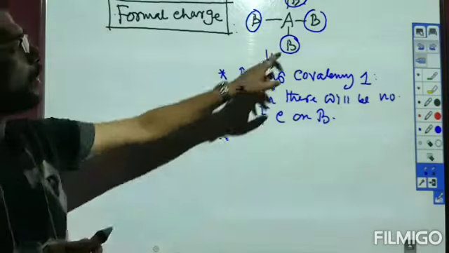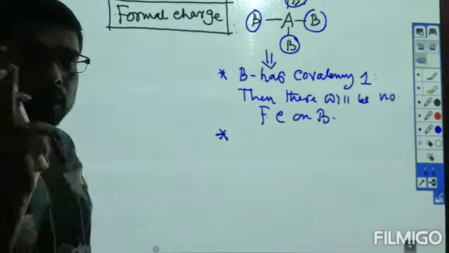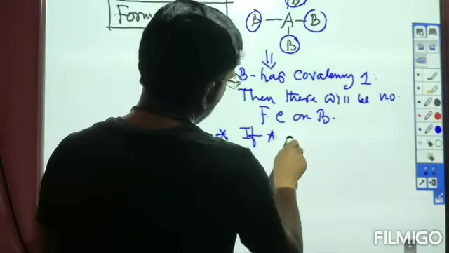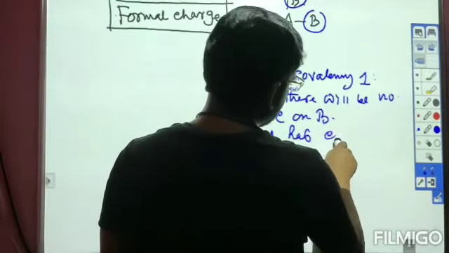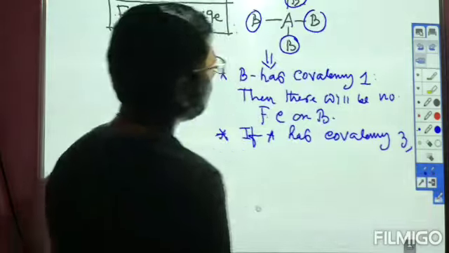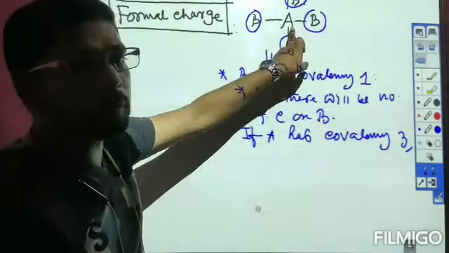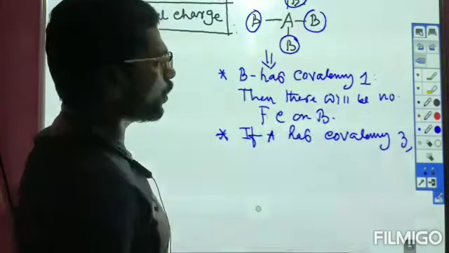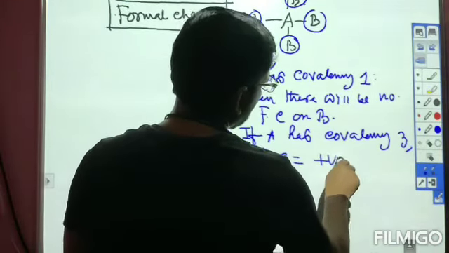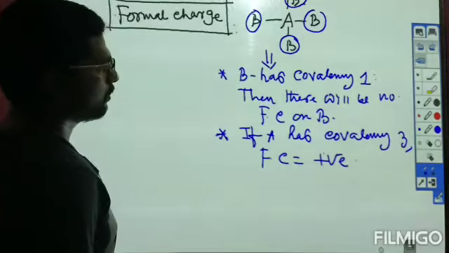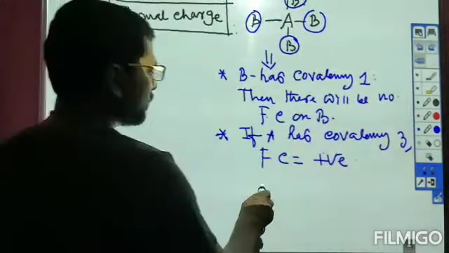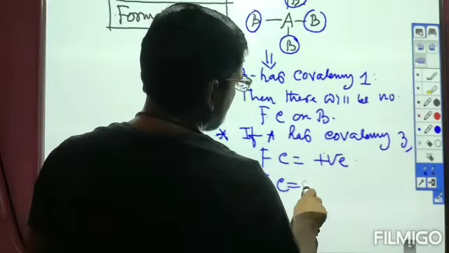Now how about A? If A has covalency 3, but it forms 4 bonds, then it will have a positive formal charge. And if it forms less than 3 bonds, then it will have a negative formal charge.